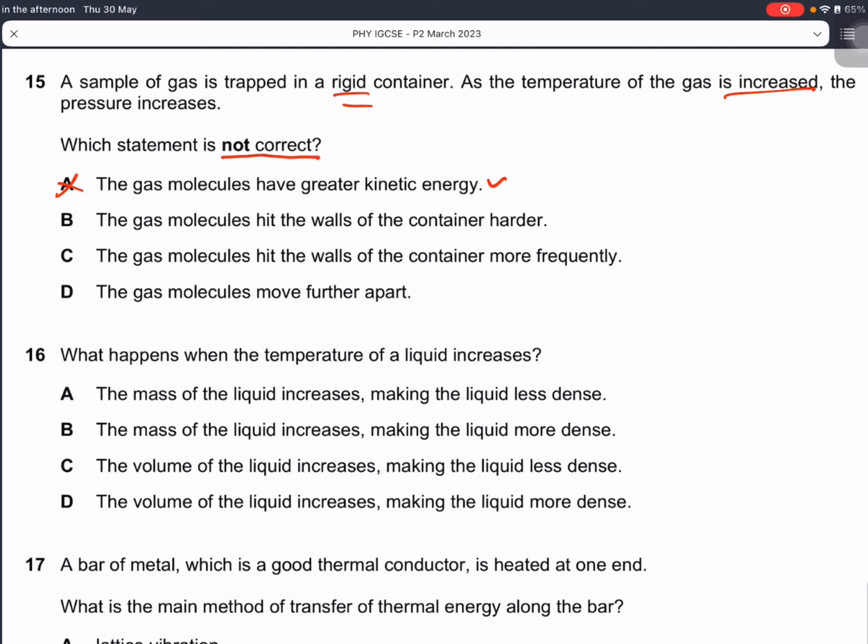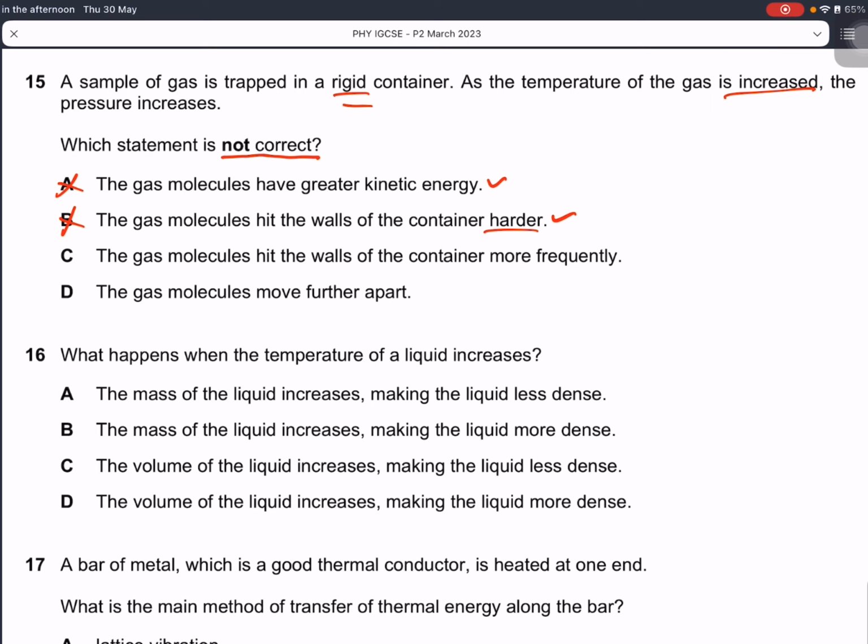Imagine you have two cars with the same mass. One is going to hit the wall at a lower speed, another is going to hit the wall at a higher speed. Or imagine yourself: if you hit the wall by walking and you hit the wall by running, which one is going to hit harder? Of course, higher speed, yeah? This is correct too, it's not an option.